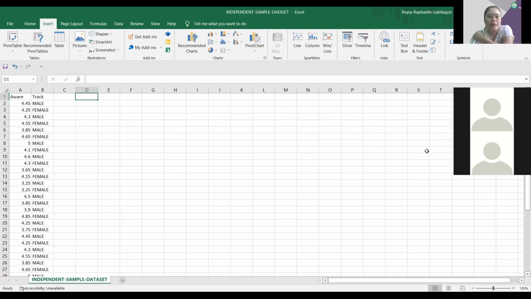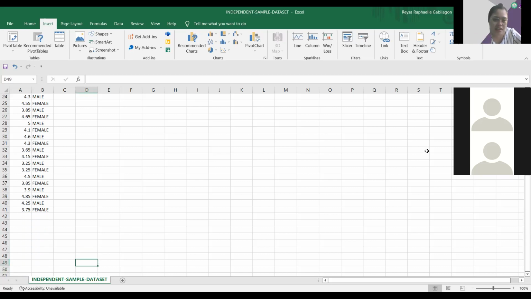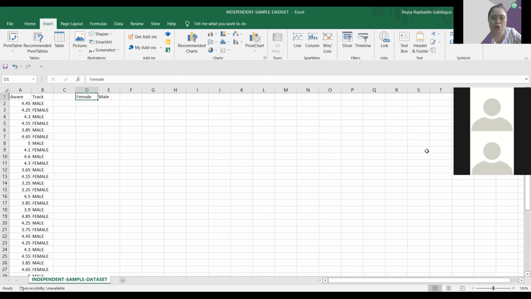Talagang ihihiwalay mo silang dalawa. So like isang column si female, isang column si male. So dito yung mga scores nila. So I cannot pala do the t-test here. So please be mindful on how you are going to encode your data.